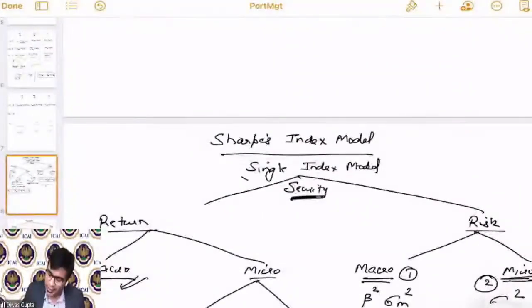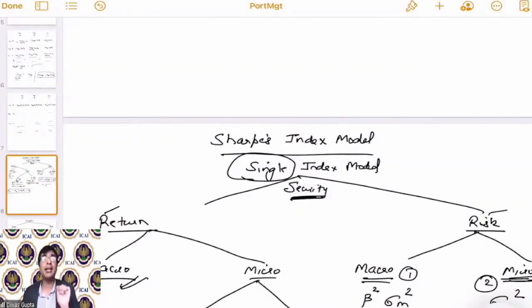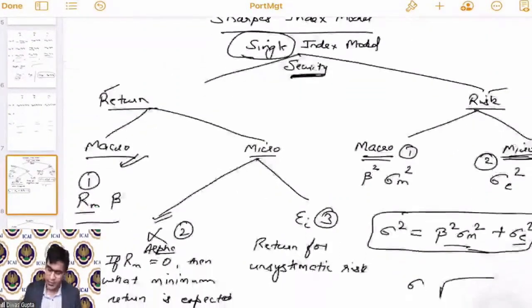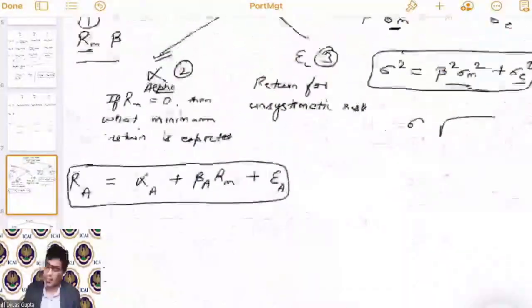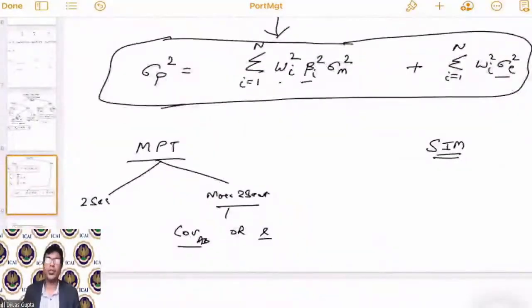It is called single index model because the single index on which the return and risk are based is the market index, correct? Because your return is also based on the return of market, and here the risk is also based on the risk of market. That is the biggest difference between both of them.